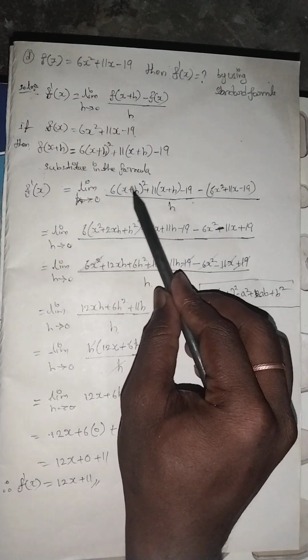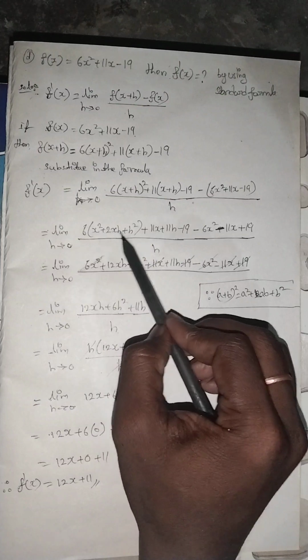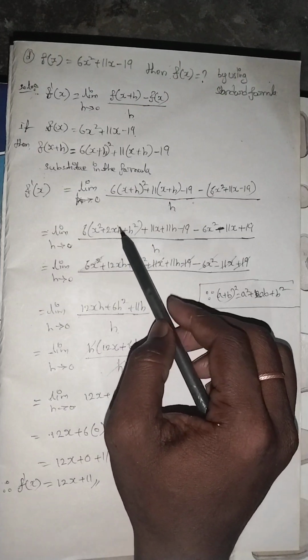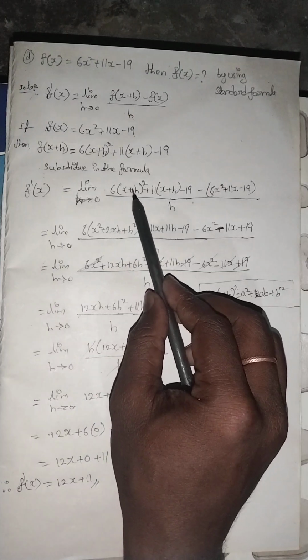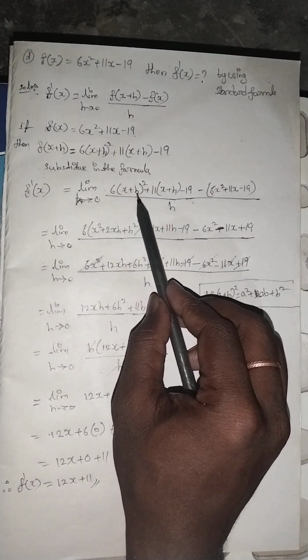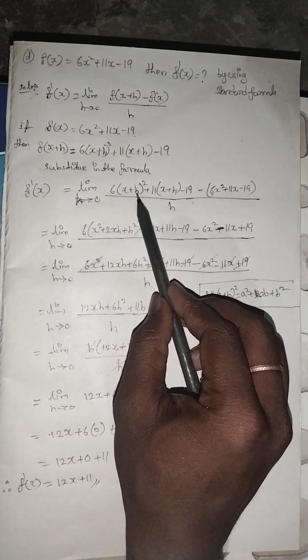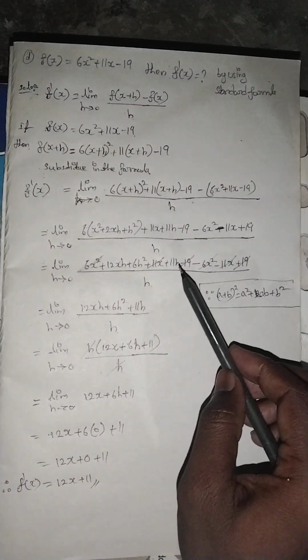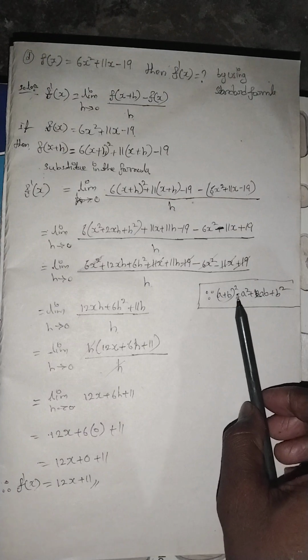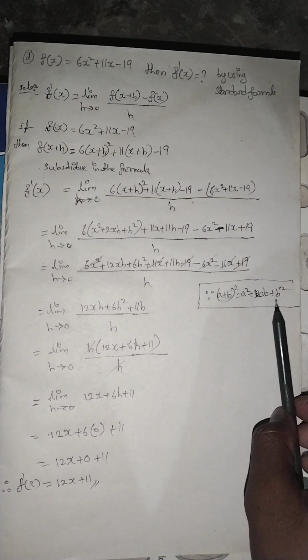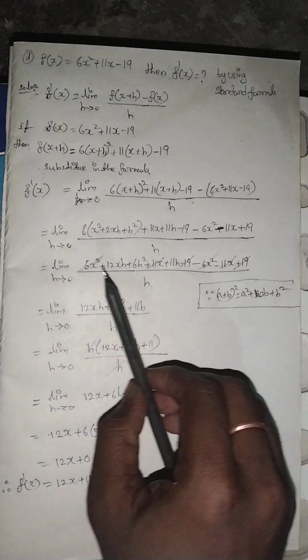this looks like a plus b whole square. We have the formula a plus b whole square equal to a square plus 2ab plus b square.